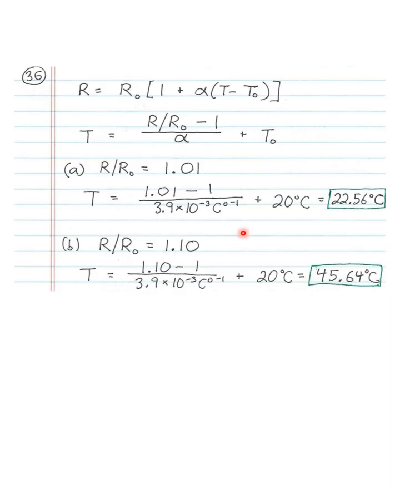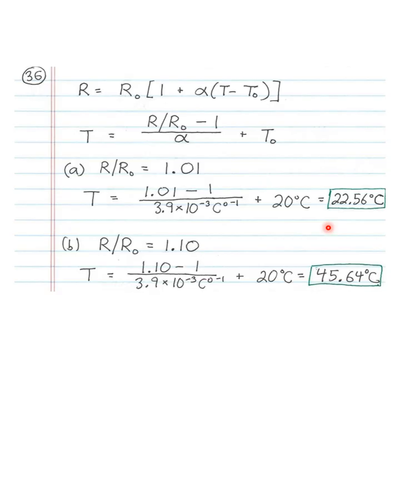And remember that there's also the plus T naught on the side. So whatever this fraction becomes, plus 20 degrees Celsius, and you should get 22.56 degrees Celsius. So it's with this slight temperature increase that the platinum wire's resistance will go up by 1%.